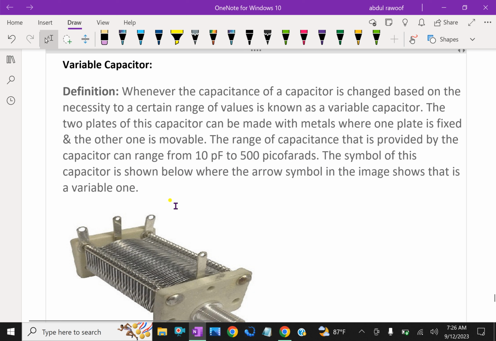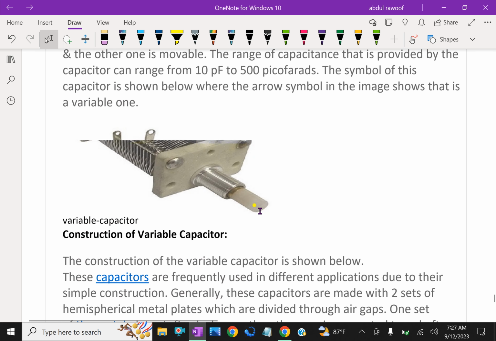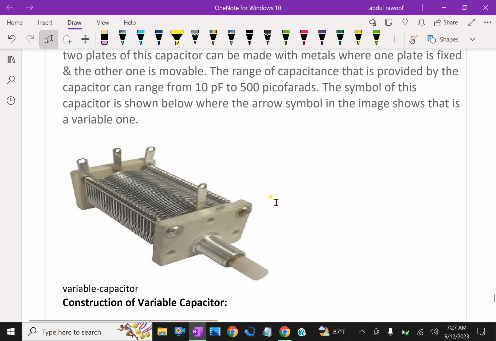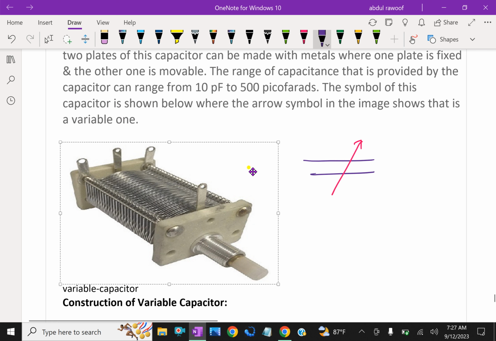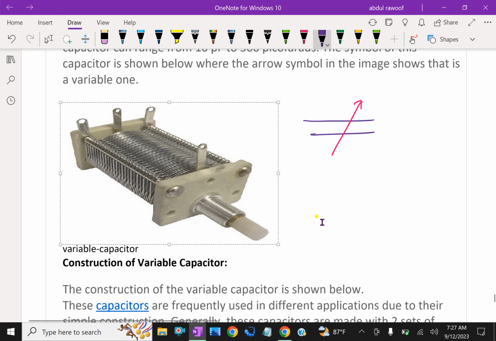The symbol of this capacitor is shown below, where the arrow symbol in the image indicates variable.